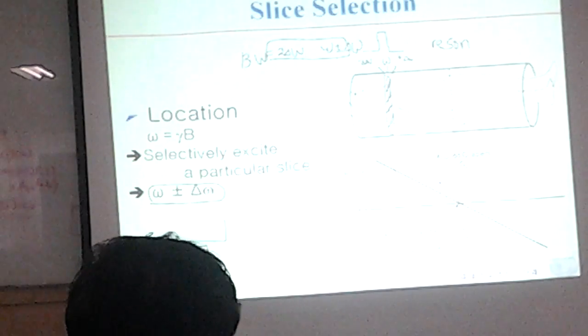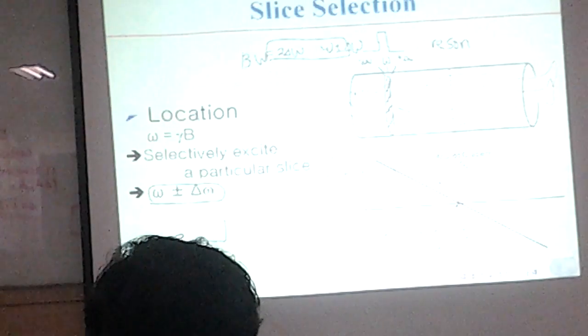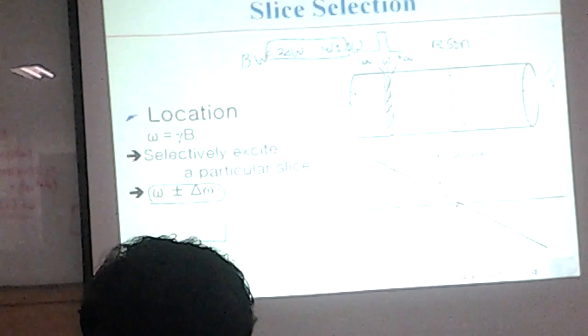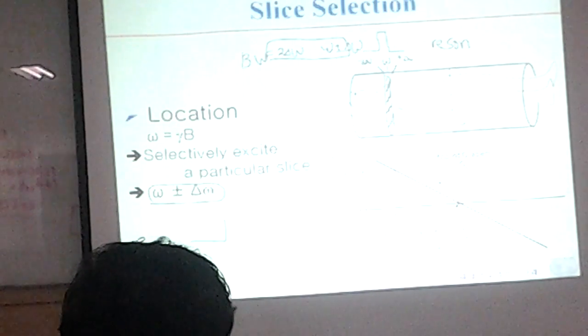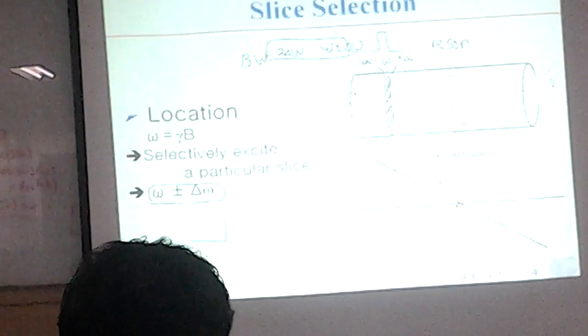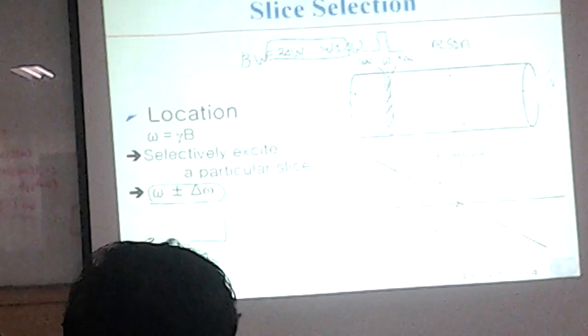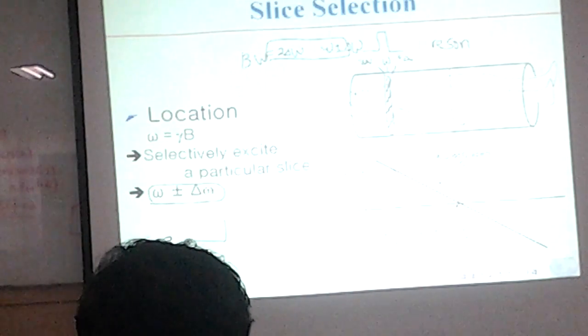So the key point is that a gradient field is applied to get spatially linearly varying spin precession frequencies. So this frequency distribution is due to this gradient field.